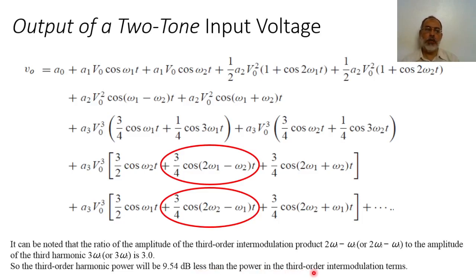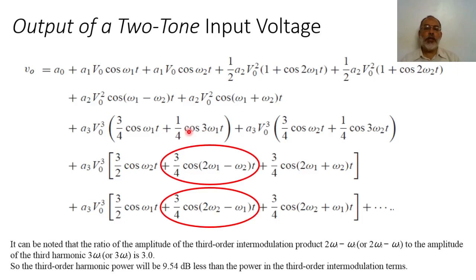How has it come? Effectively, here the amplitude of the intermodulation signal is 3 times the amplitude of the third harmonics.